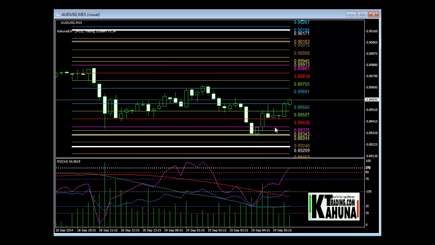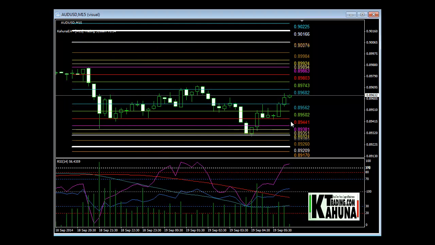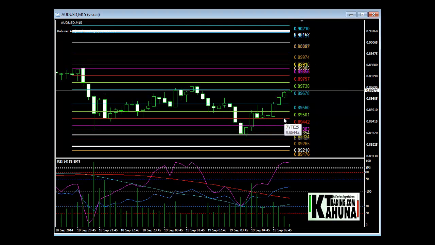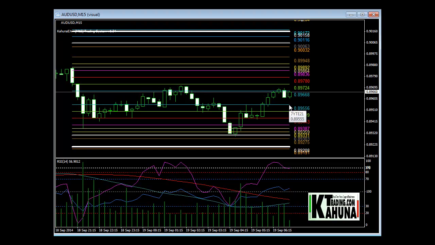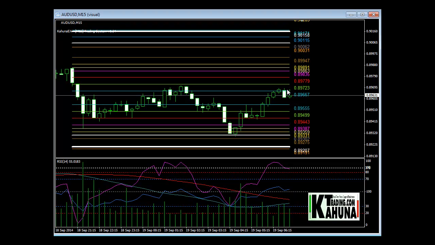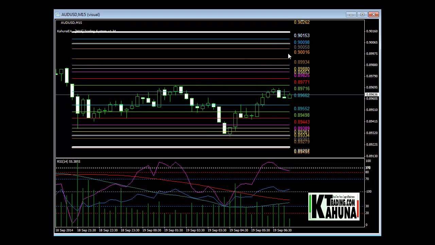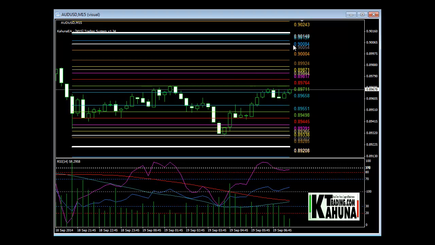And I don't like that, personally. But you notice our support is awesome. Resistance, again. Resistance in the more bullish zone here.